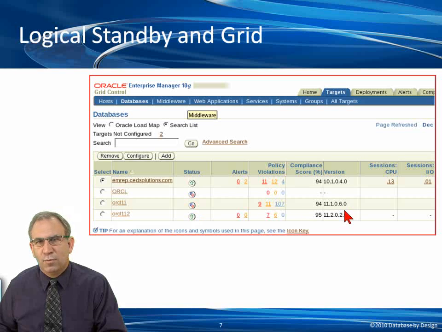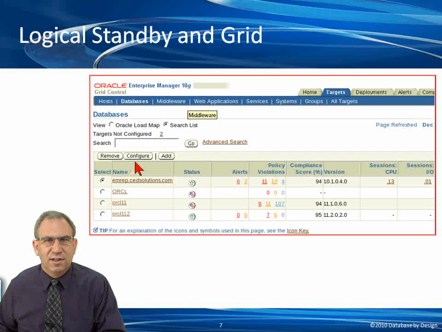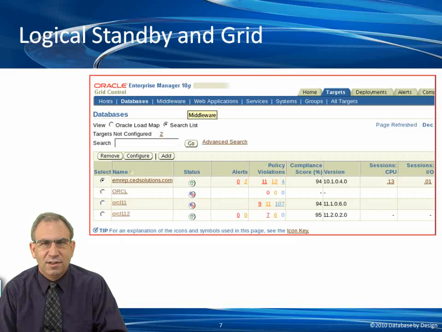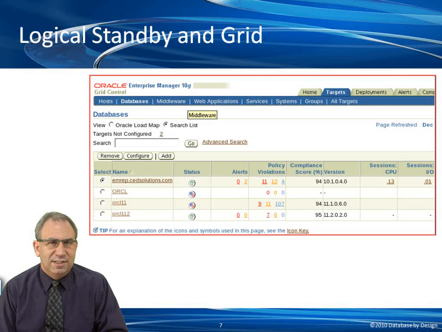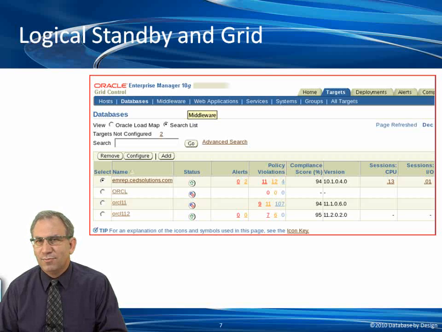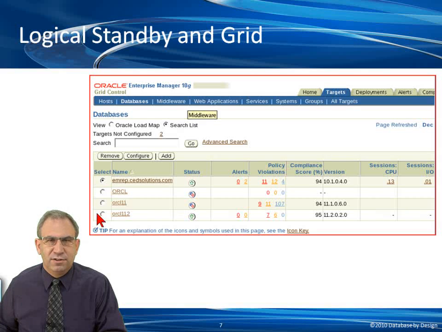This one is an 11.1.6 database. If I want to configure them, I'll select this and go up to configure and probably enter the DB SNMP account, and that will then register that database within the Grid. But that's neither here nor there. This is just what I'm looking at. What I'm after is creating a logical standby database for this one right here.